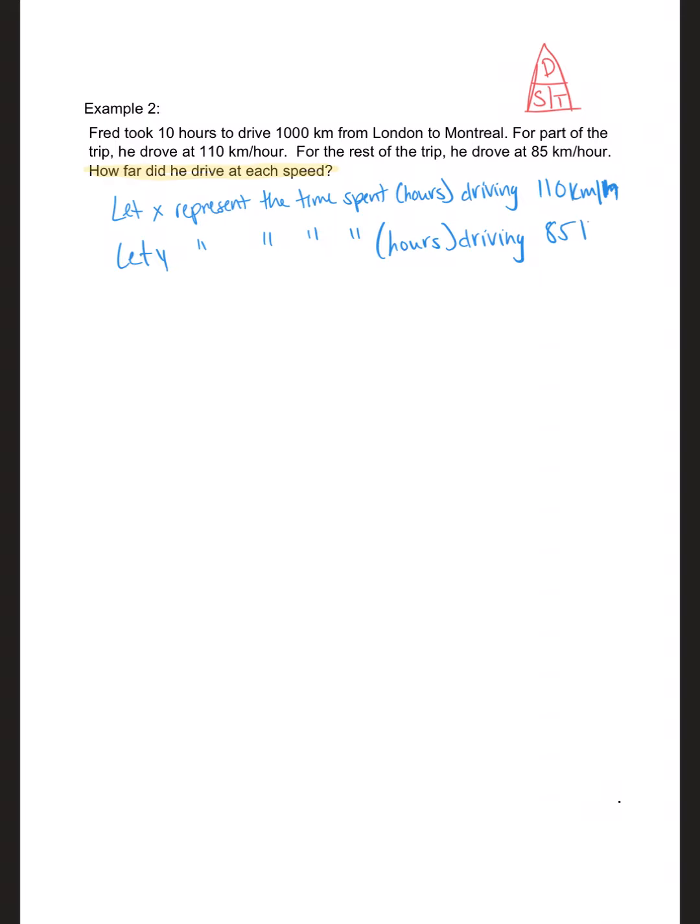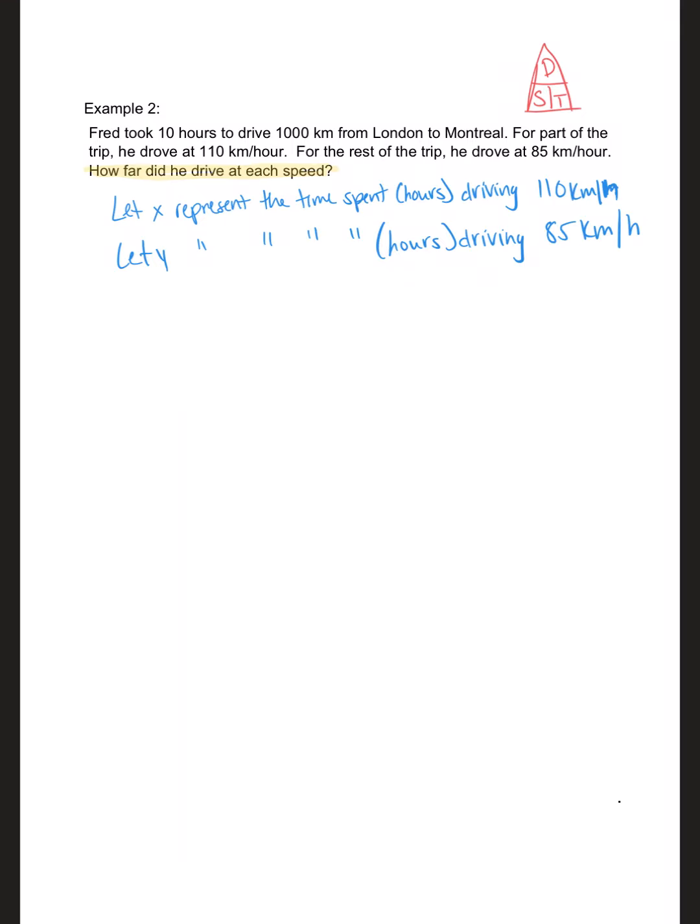All right, this is a little bit different of a distance speed time question because it's not a straight distance equals speed times time. They've given us some other information to work with. They've given us lots of information about time, right? We know that there's some x amount of time that Fred drives 110 kilometers per hour, and there's some y amount of time that he drives 85 kilometers per hour.